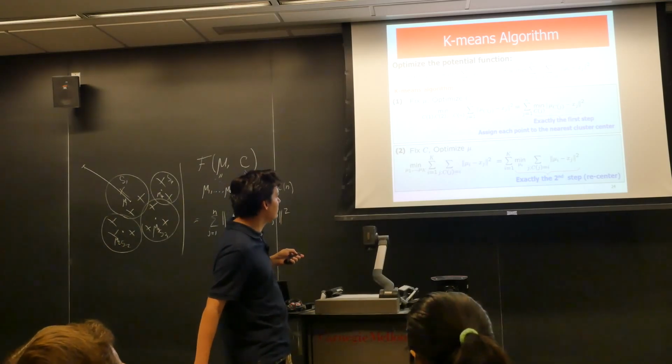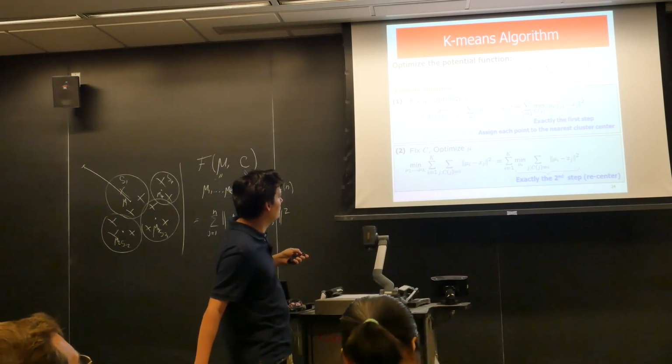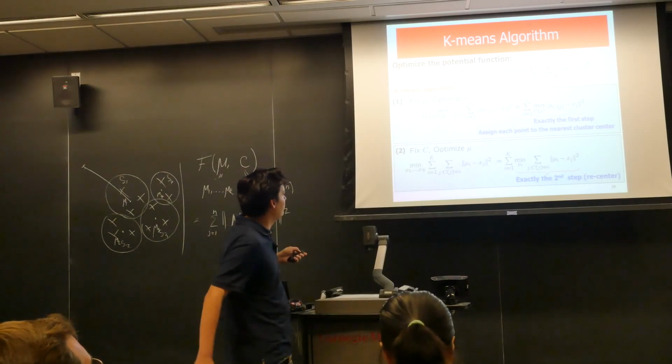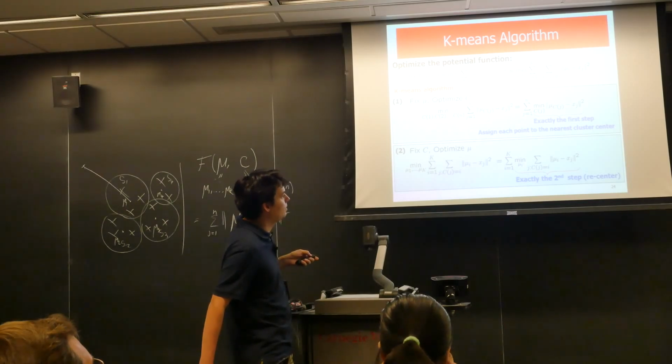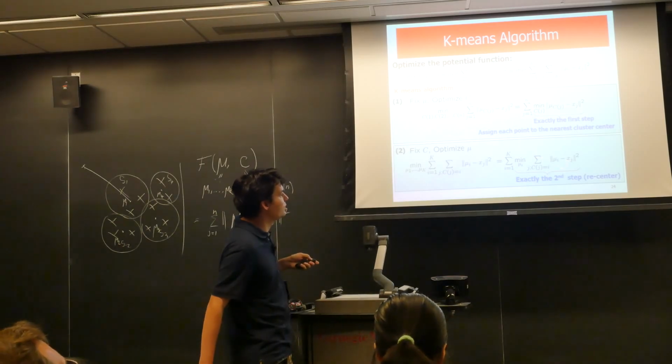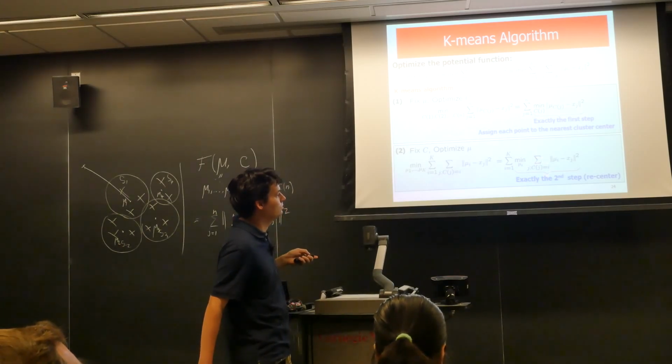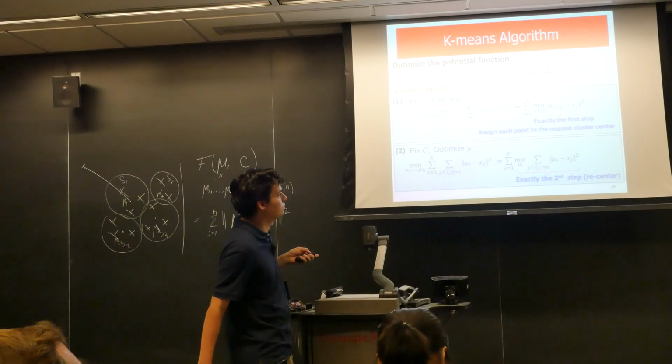And then when you fix C to optimize over mu, again you can move this minimization inside this sum, and you need to minimize over mu_i among those points xj that belong to the cluster i.